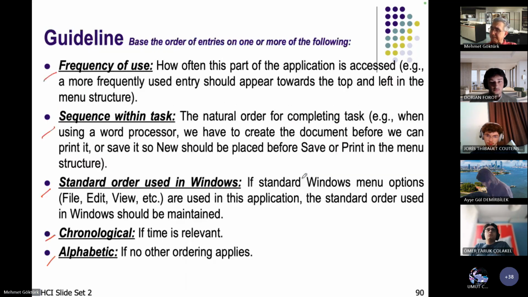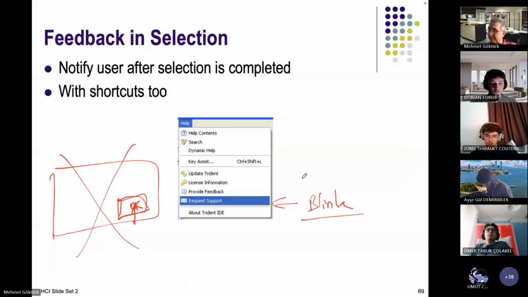And if the menu element is not performing an act, but will bring a dialogue for the second stage, then use 3 dots. If it is immediately doing something, you don't need it. But if there is a dialogue coming behind it, 3 dots.